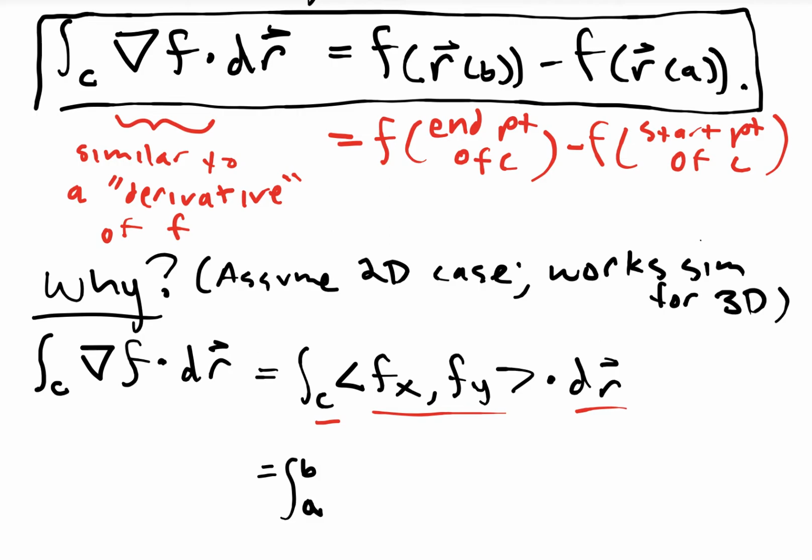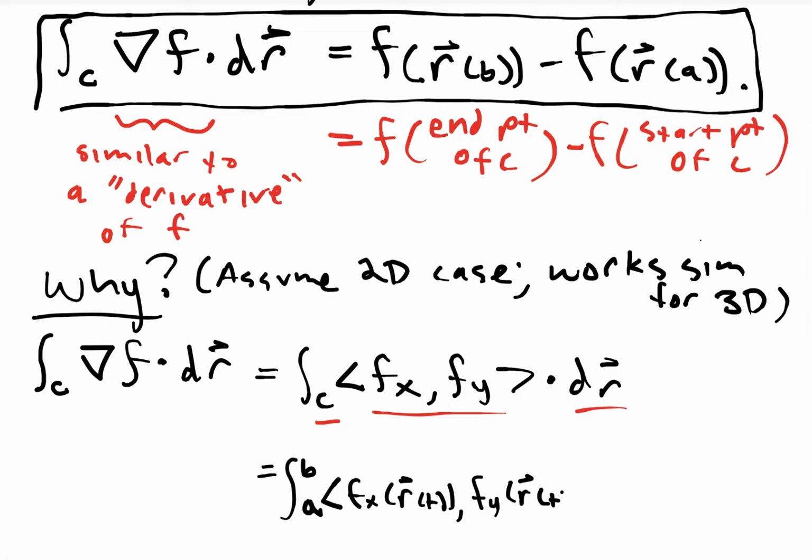I have to fix my function. That means I have to substitute in my parameterization. So really, I've got fx with r plugged in, and then I've got fy also with r plugged in.